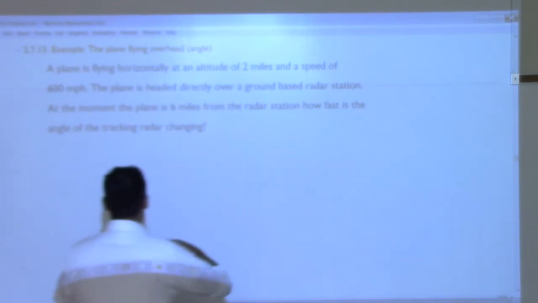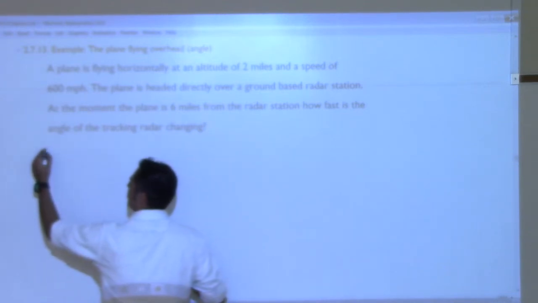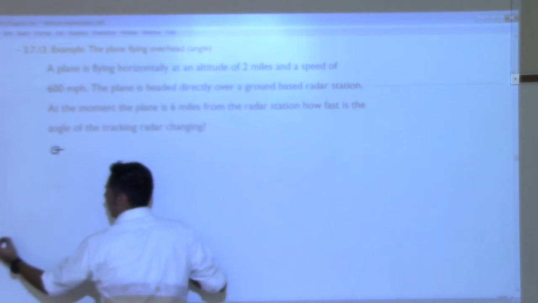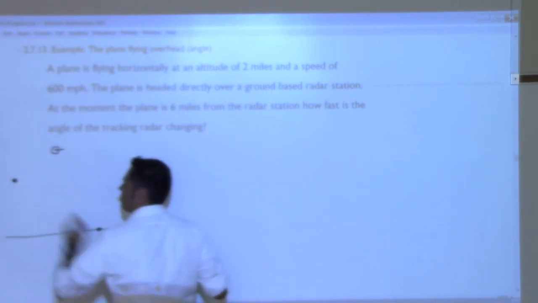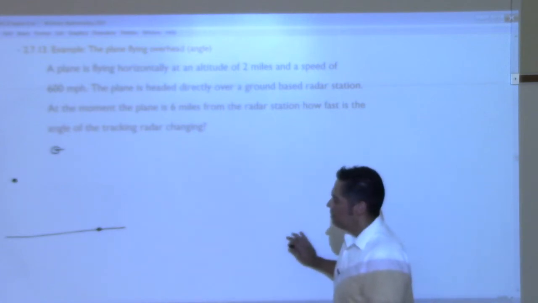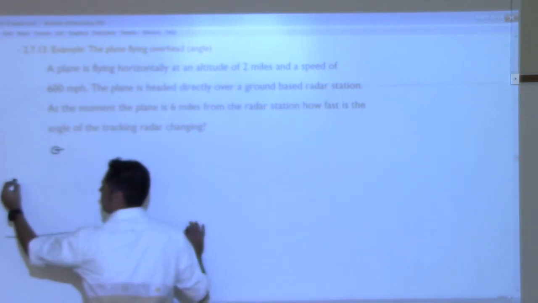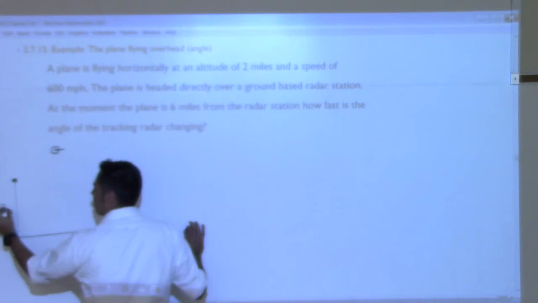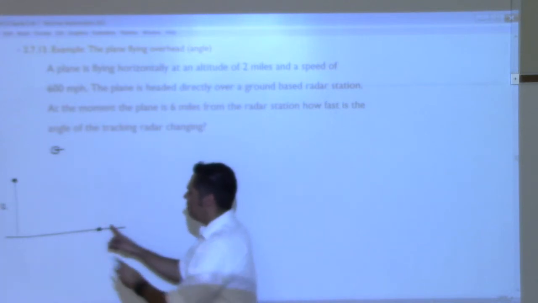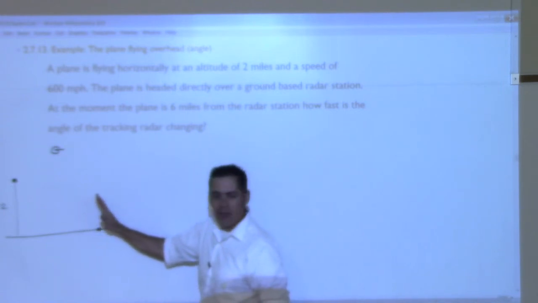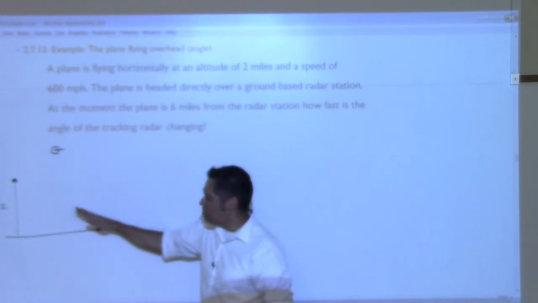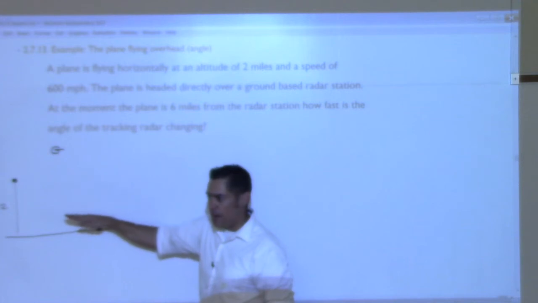So now what we're doing is we're saying, okay, we've got the general picture. We've got the ground. We've got the radar station. We've got the plane, right? We know that this is 2 miles, but we want to know not the distance between these anymore. We want to know the rate at which the angle is changing, as we track the plane overhead.